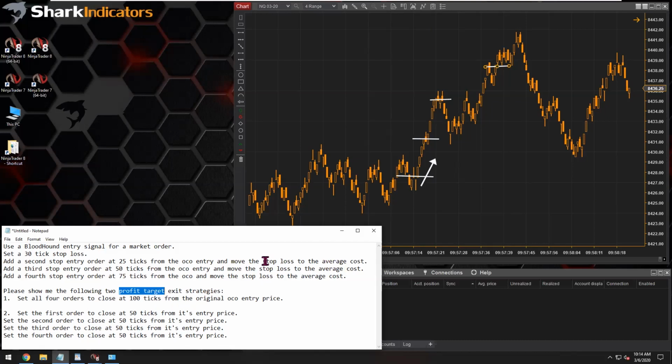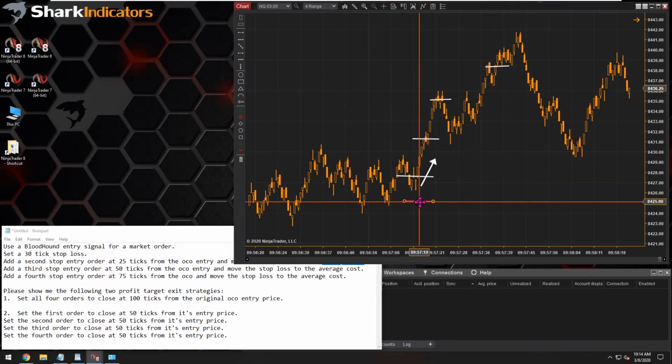And the stop losses will be moving to the average cost. As each of these entry orders scales in, our average entry price is going to move higher and higher if it's a long trade. So we want the stop loss to trail up.